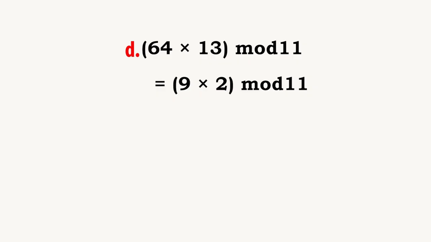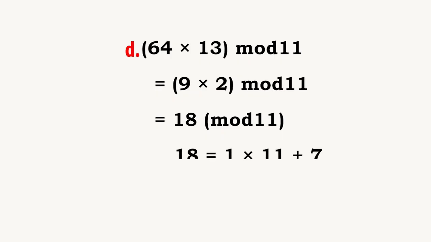Then we multiply 9 by 2 and we get 18, which we will change again to mod 11. So changing 18 to mod 11 gives us 1 remainder 7. And so our answer is 7 mod 11.